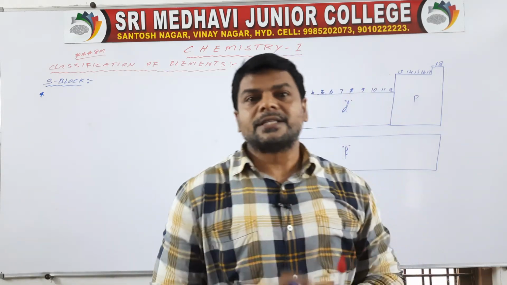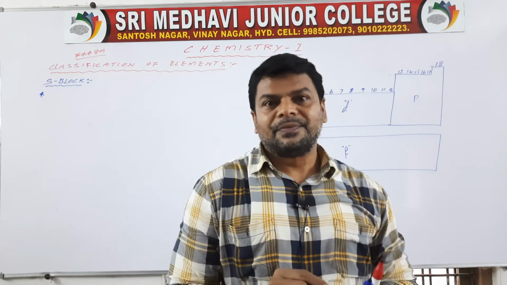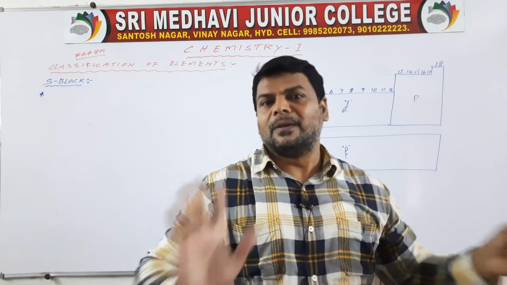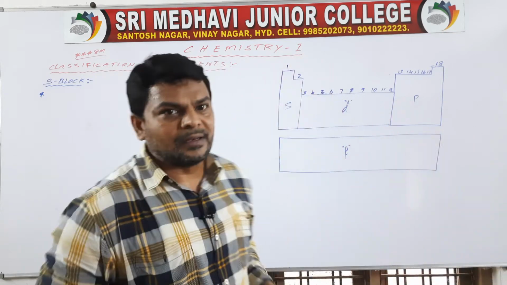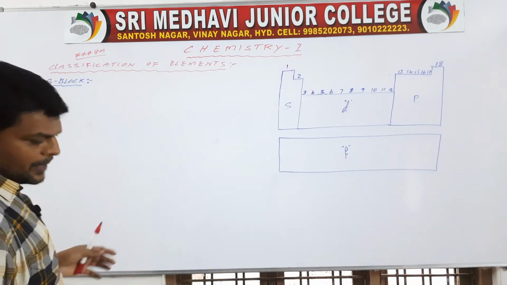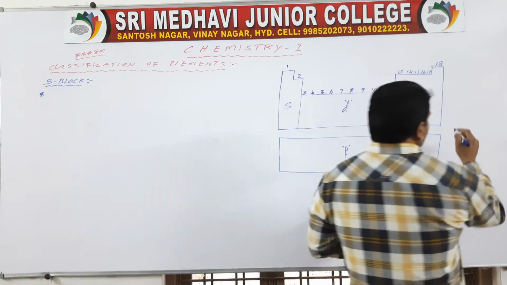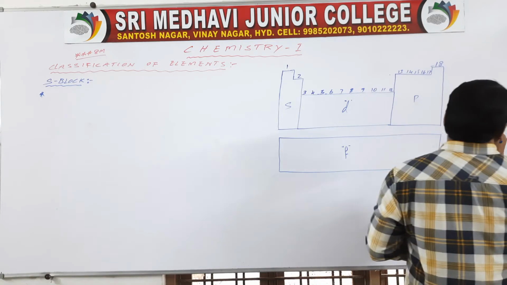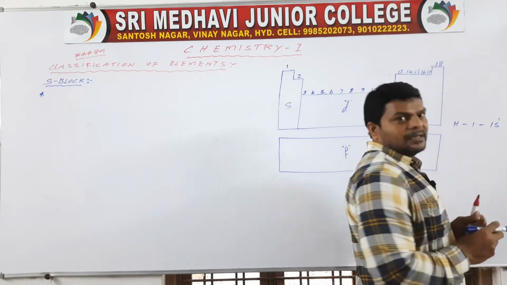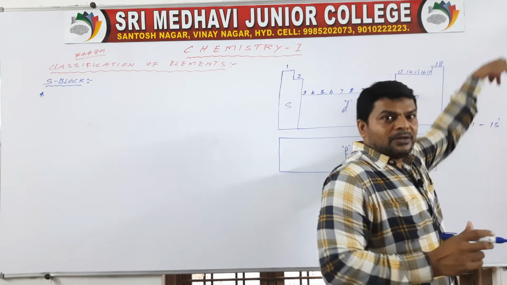First you have to know: differentiating electron enters into S orbital are called S block elements. For example, hydrogen atomic number is 1. Electronic configuration is 1s1. So electron enters into S orbital.